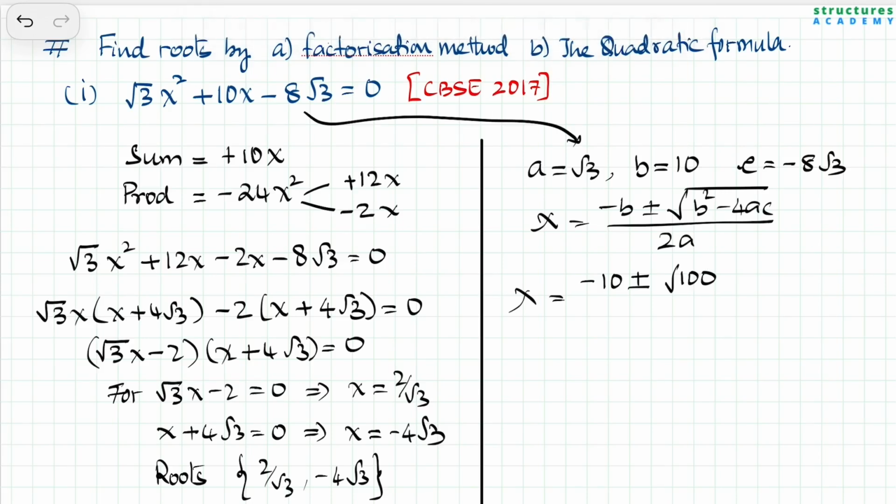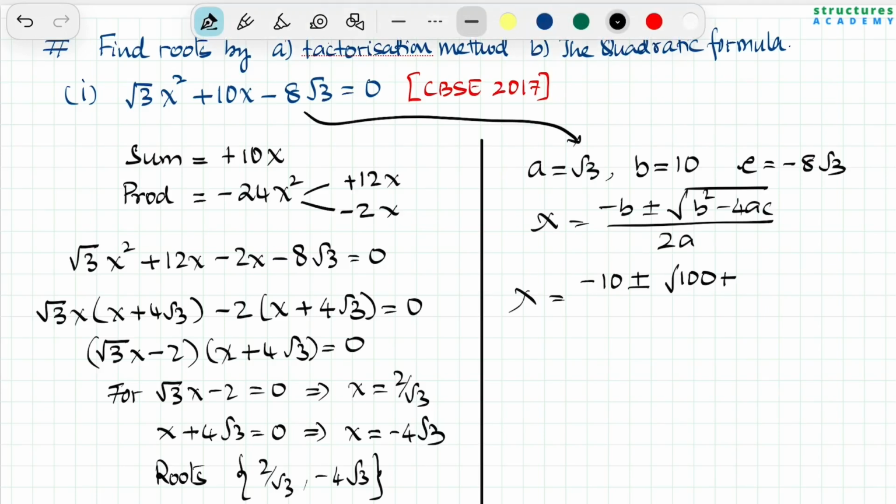So minus 4 into a is root 3 into minus 8 root 3. Okay, so root 3 times root 3 becomes 3. 4 8s are 32. And there is minus into minus becomes plus. So 32 times 3 is 96.